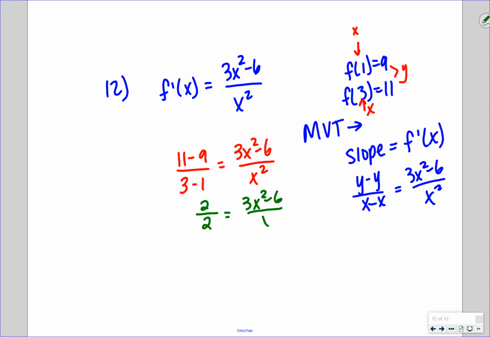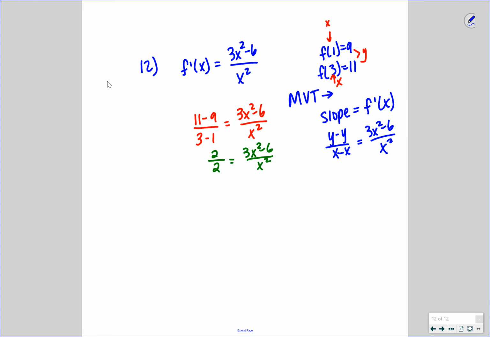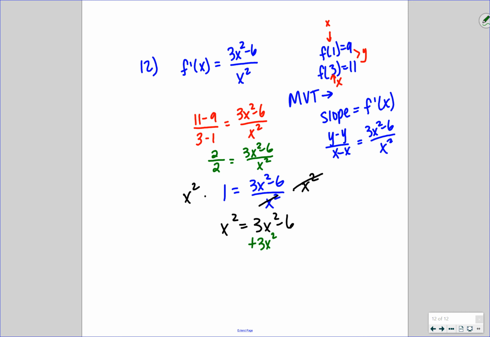I haven't done anything to the right side yet. 2 over 2 is 1. 3x squared minus 6 over x squared. I'm going to try to get rid of my fraction. So denominator is division. I'm trying to get rid of the division. Do it through multiplication to cancel out. X squared equals 3x squared minus 6. I'm going to add 3x squared to both sides.